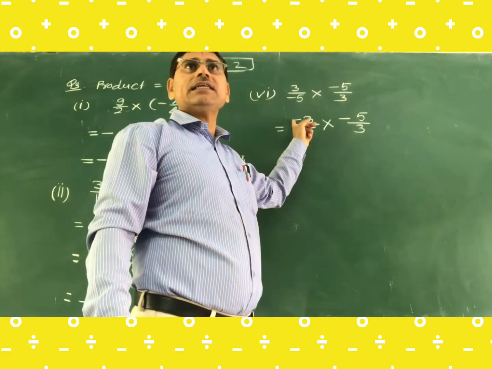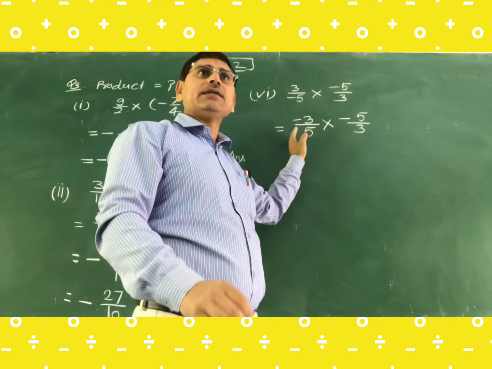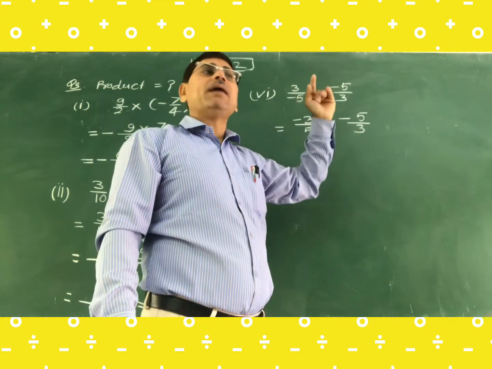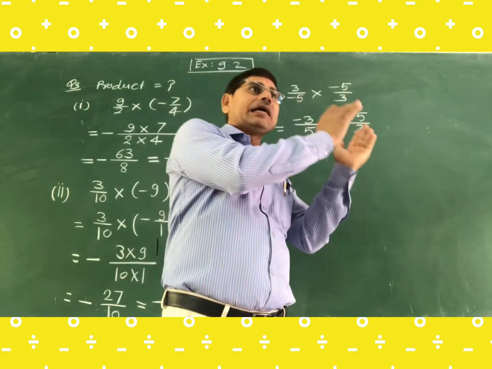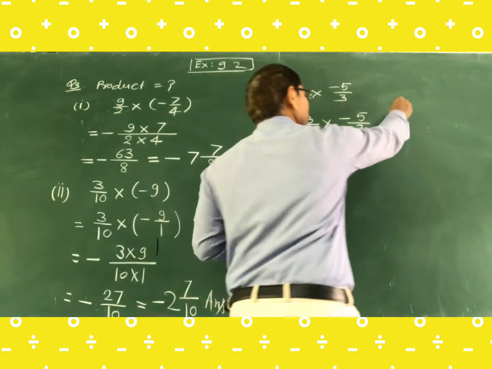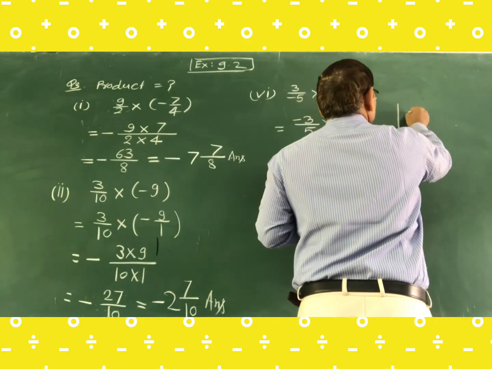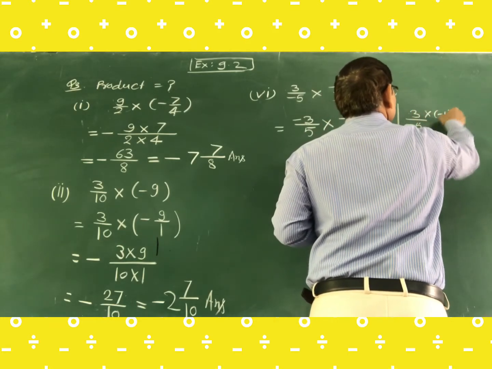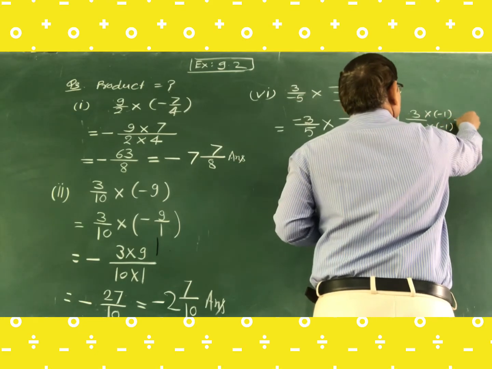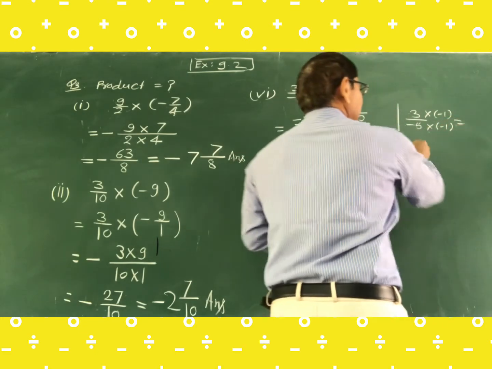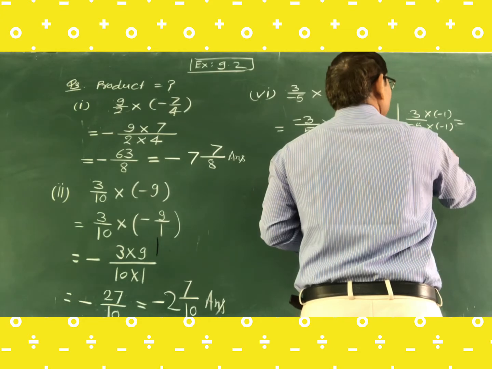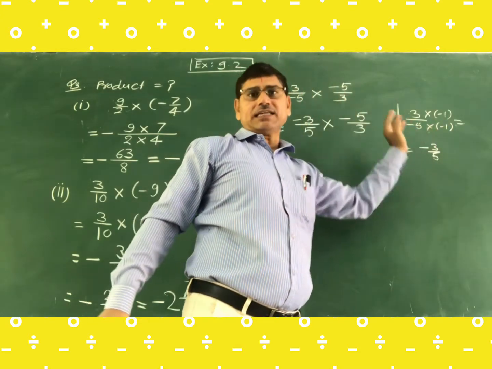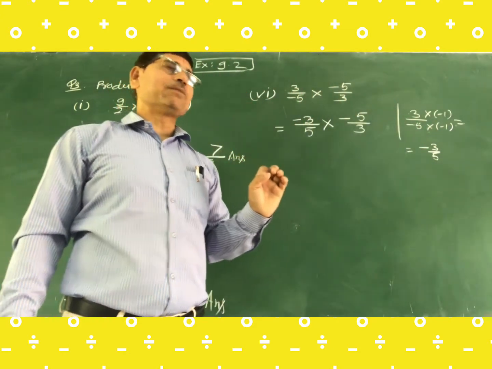How can you say this? Multiplying minus 1 in numerator and denominator, 3 into minus 1 and minus 5 into minus 1, then you will get minus 3 by 5. Minus and minus is plus. So this is the process.